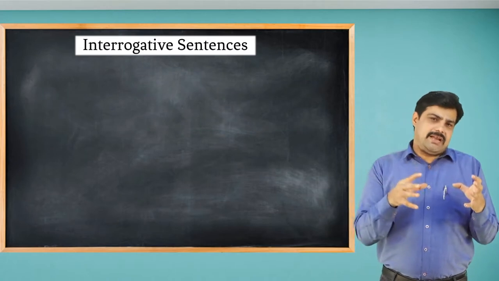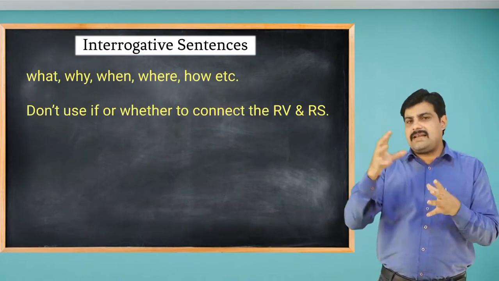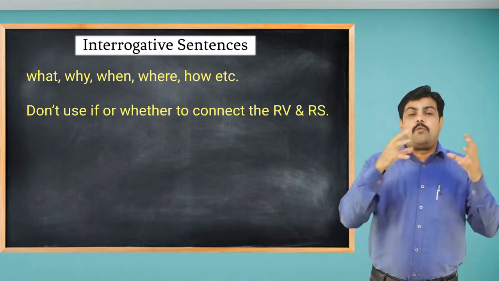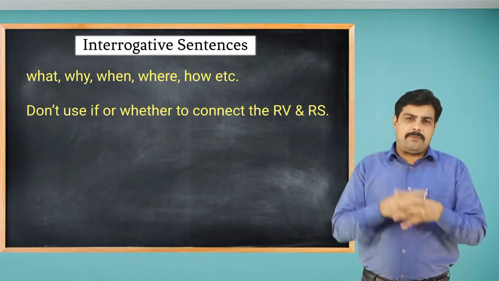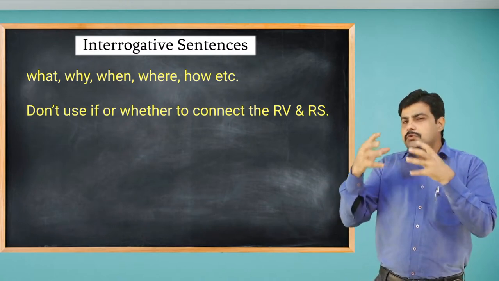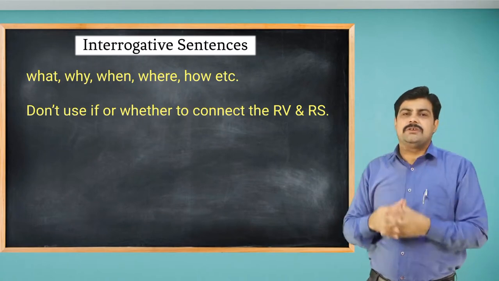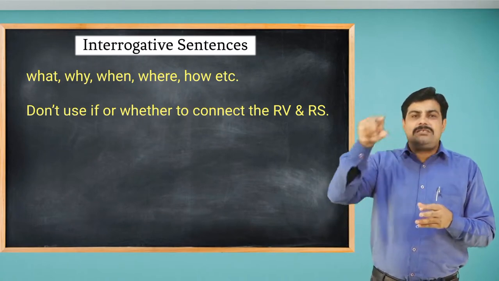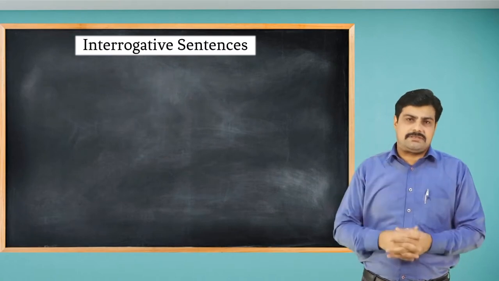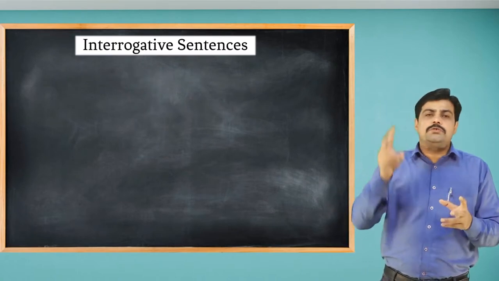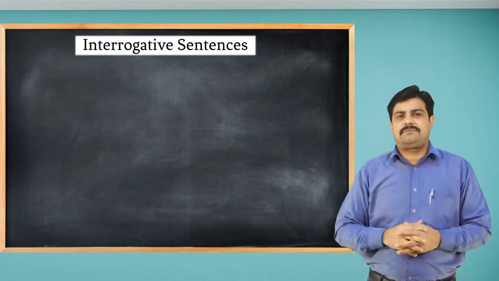In case an interrogative sentence starts with a question word, the second category, such as what, why, when, where, how, etc., we don't use if or whether to connect the reported verb and reported speech, because these question words automatically serve as connectors, and we cannot use two connectors in a sentence at the same place.